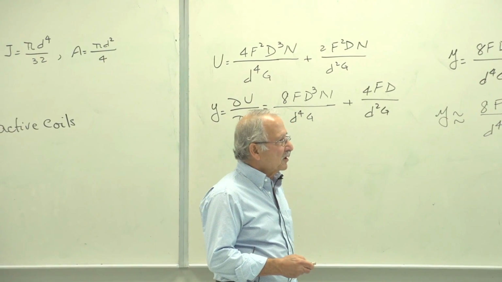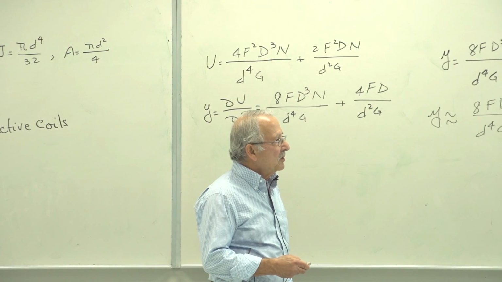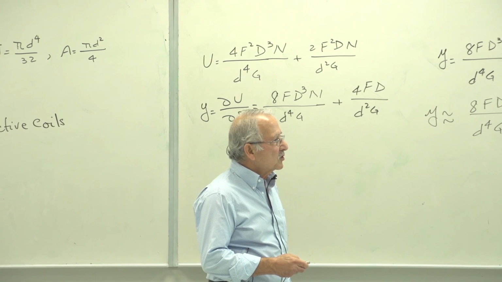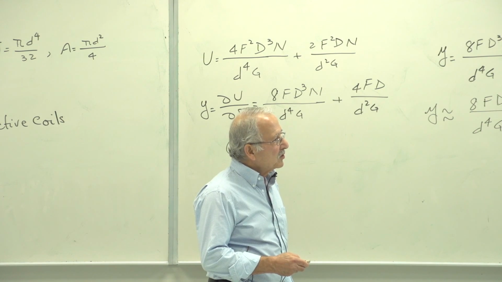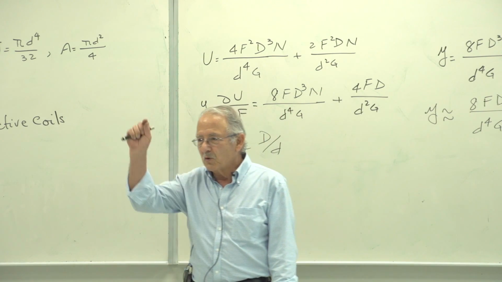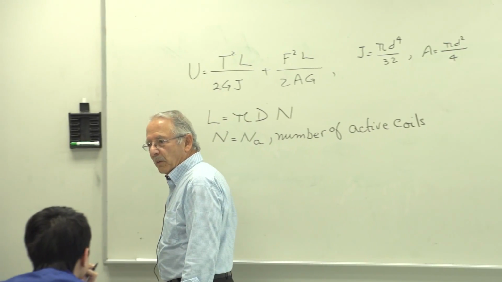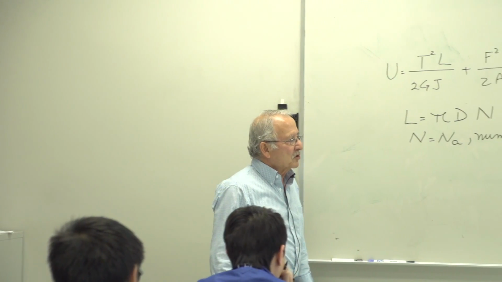For example, take a look here. This is the free length. p is the pitch. I'll define it in just a second. Times number of active coils plus 3 times the wire diameter. Here, same thing, 2 times the wire diameter. Remember, wire diameter is very small with respect to coil diameter in general. And so there really isn't that much difference.